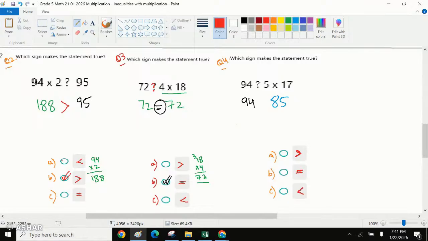We know that 94 is greater than 85, right? Agreed on this, right? 94 is greater. Okay, we use the other sign. That would mean whenever the value is greater, the open end of the sign comes towards the bigger value, right? 94 is greater than 85, right? That means this is a greater sign.